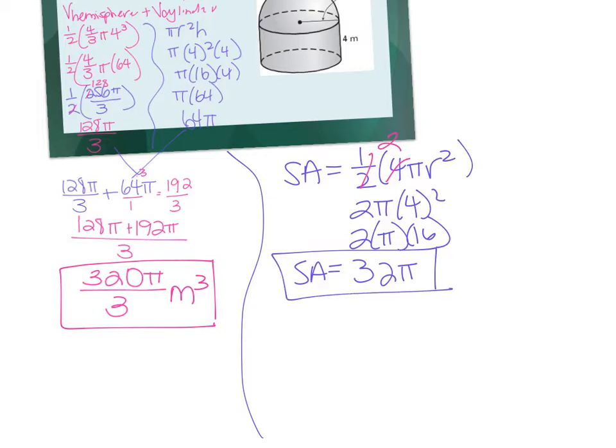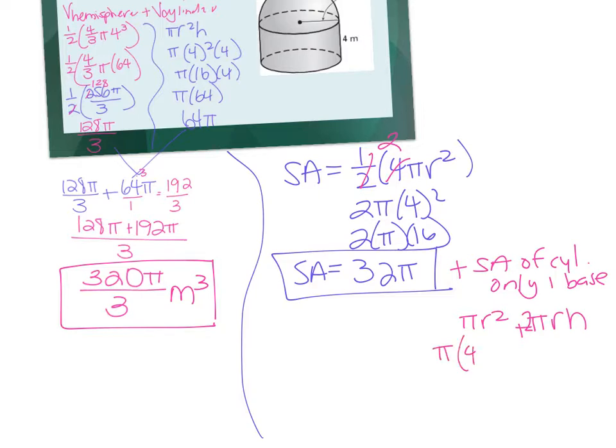And then I have to add that to the surface area of the cylinder with only one base. So it's going to be pi r squared instead of 2 pi r squared, plus 2 pi r h, because that would be lateral area. So pi 4 squared plus 2 pi 4 times 4.